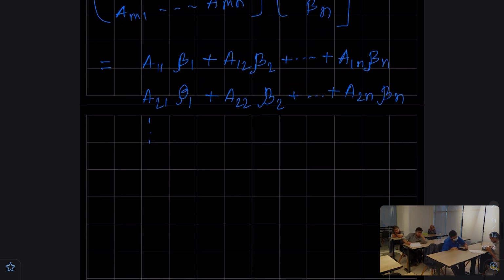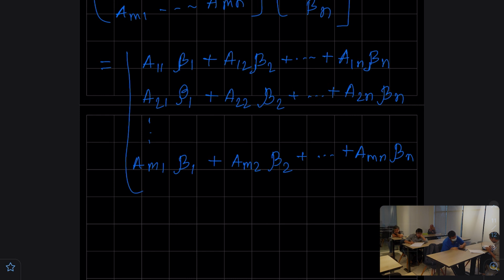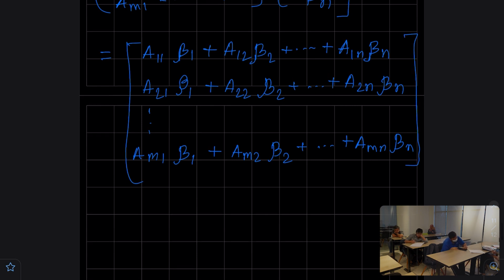Then the final one is AM1 beta 1 plus AM2 beta 2 plus AMN beta n. Right? So I can interpret the matrix multiplication in this way.